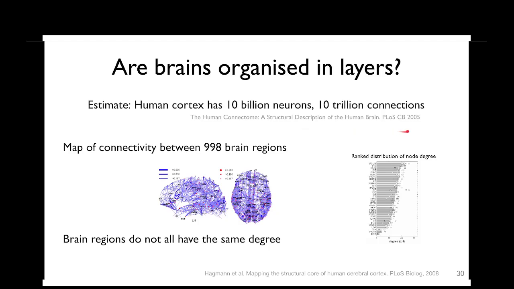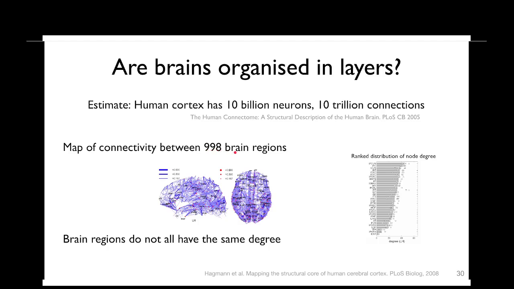So in this paper from 2005, you can find the number that the human cortex, so that's part of the brain, consists of 10 billion neurons with 10 trillion connections. So really huge. And until very, very recently, the only thing we knew about the human brain was really just a mapping between roughly 1,000 brain regions.